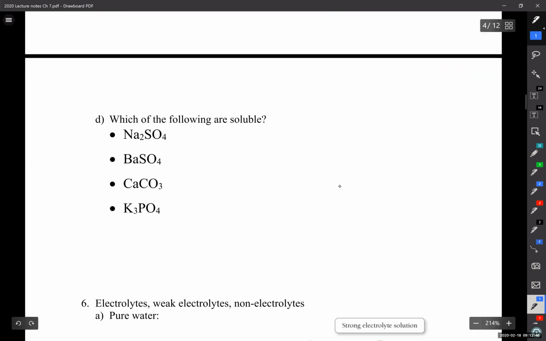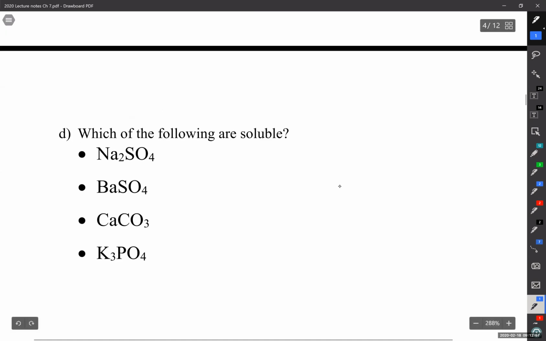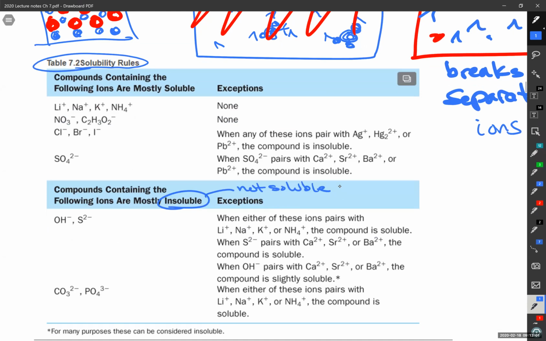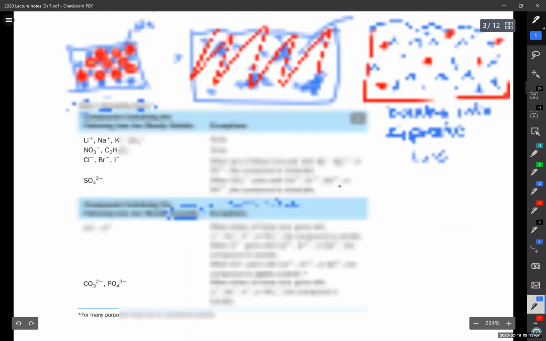Horrible. Okay, so we're going to figure out whether or not sodium sulfate is soluble. So look at your solubility rules, right? And where's sulfate? Mostly soluble.